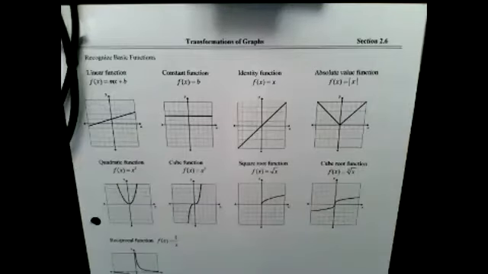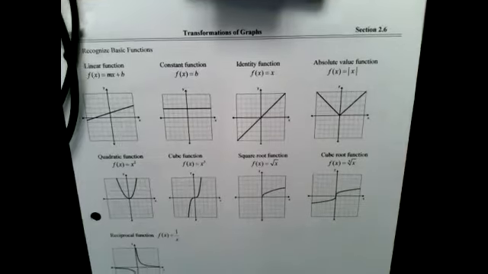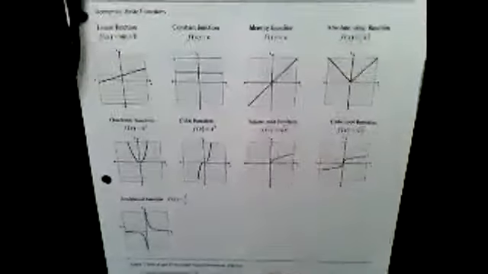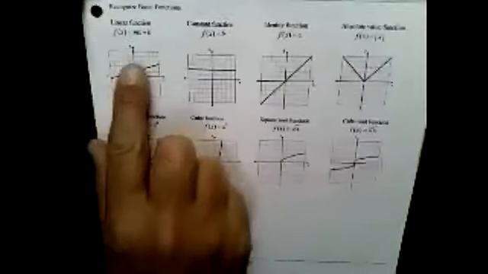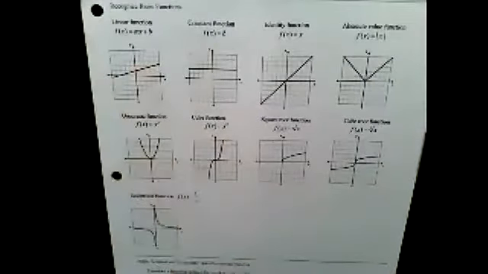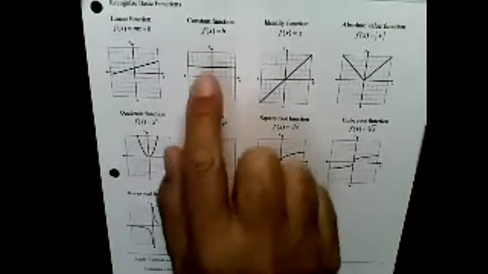All right, so today we're going to move on with chapter 2, section 6. I'm taking a look at this first page and I'm going, okay, this is a linear function. Kind of know that it's a function of a. There is one called the constant.